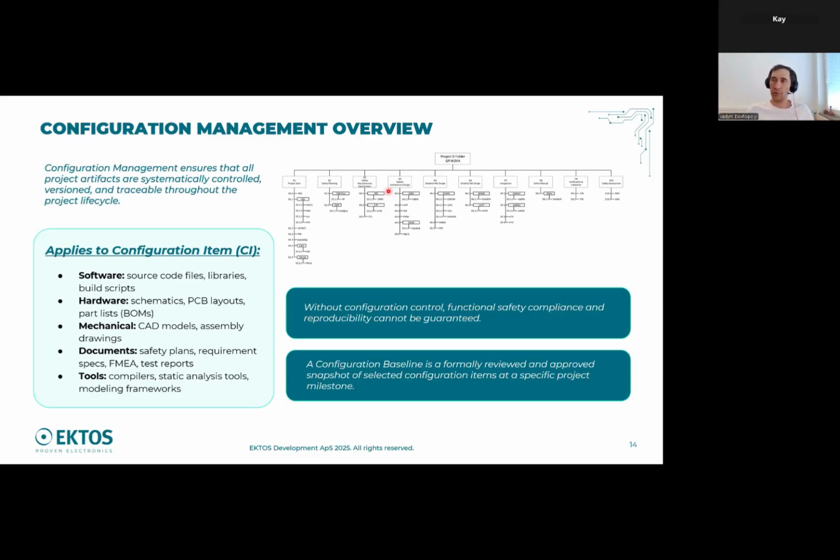It could be source code, any binary files, schematics, mechanical drawings, any test plans, test reports, review reports, whatever, everything which is needed to make a product. Even development tools are a part of configuration items, and they are under configuration management.